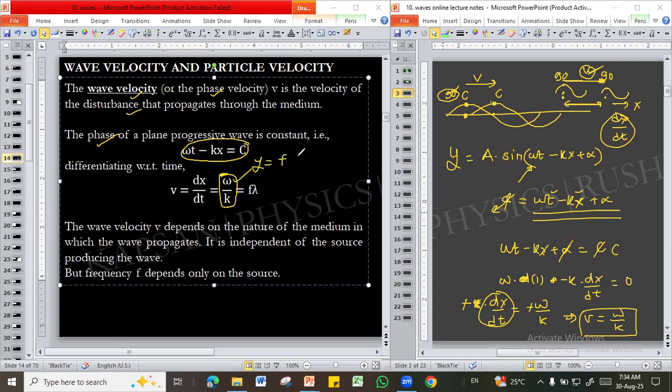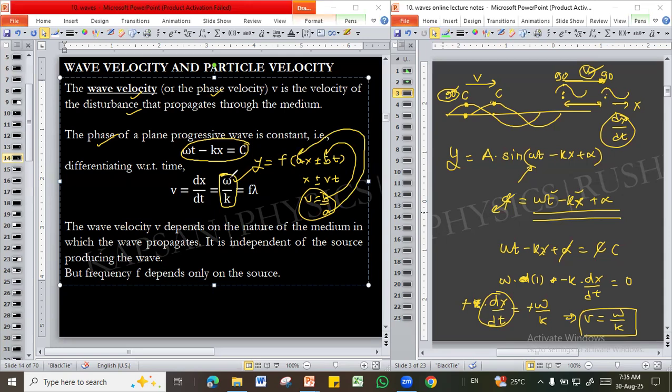For any wave, the general equation was ax plus or minus bt, or x plus or minus vt. So v is equal to b by a. b is the coefficient of t, and a is the coefficient of x.